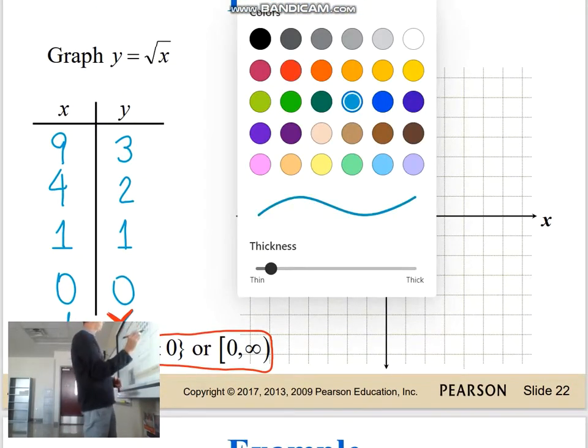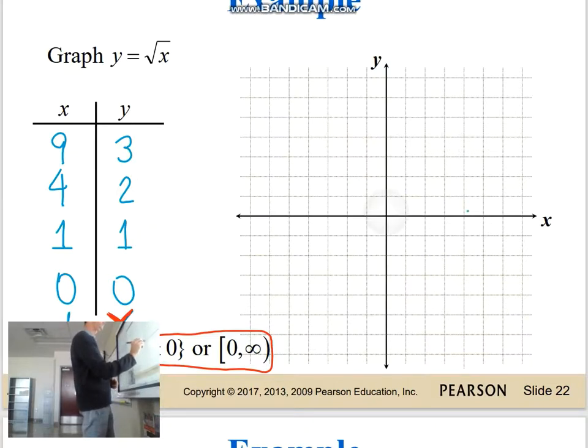Let's find the points. So we have 0, 0. We have 1 and 1. We have x equals 2. x equals 4, y equals 2. Right? And x equals 9.